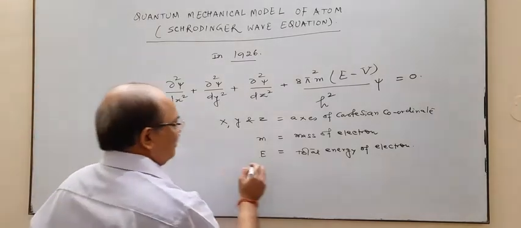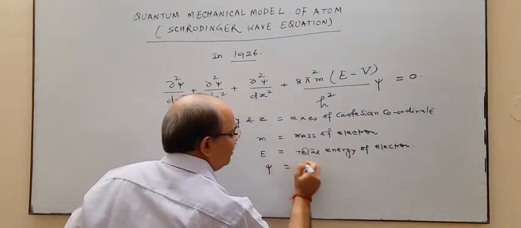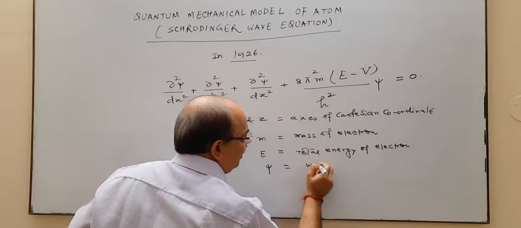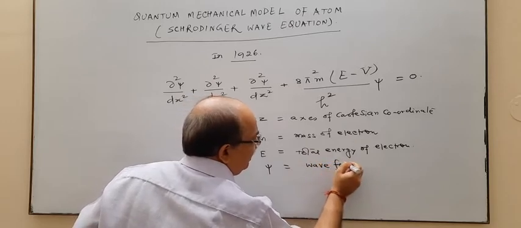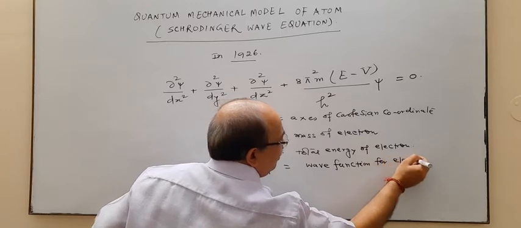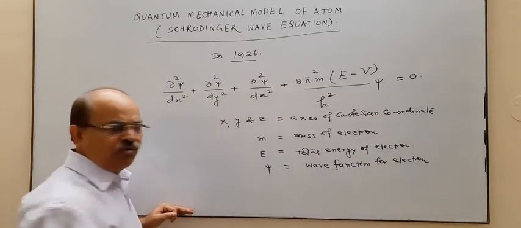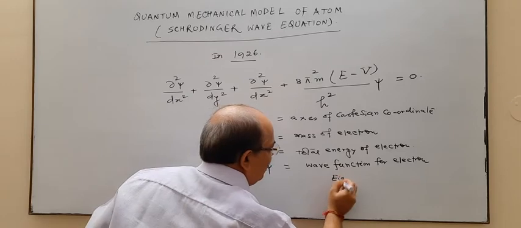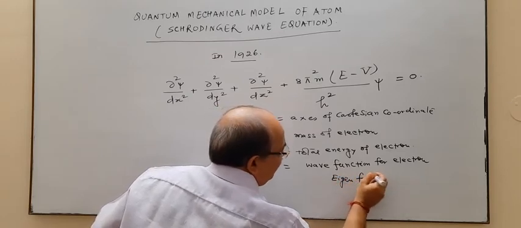This psi is the wave function for the electron, which is also known as the eigen function.